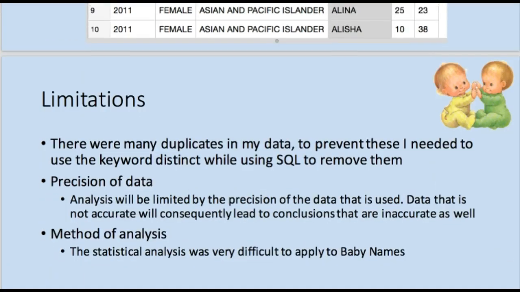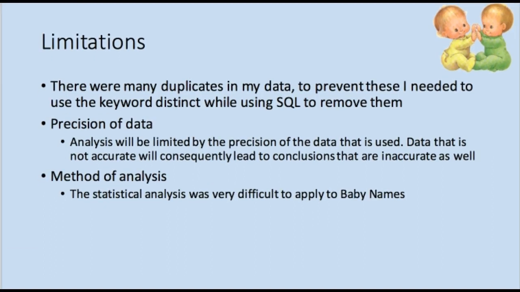The limitations that I had while working with this data set were that after I had already attempted to organize my data, I realized that there were many duplicates. So in order to use only one copy of each key, I used the word DISTINCT while typing in the SQL code.